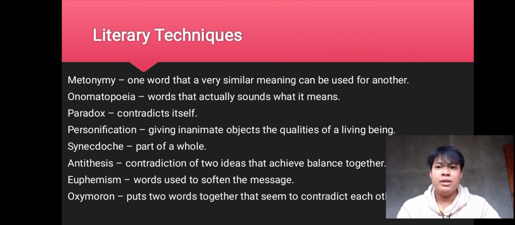You are giving the object, which is the bus, the life that it is driving too fast. If you understand it literally, the bus cannot drive too fast because there should be someone who commandeers the bus, so that is a person, or the driver.